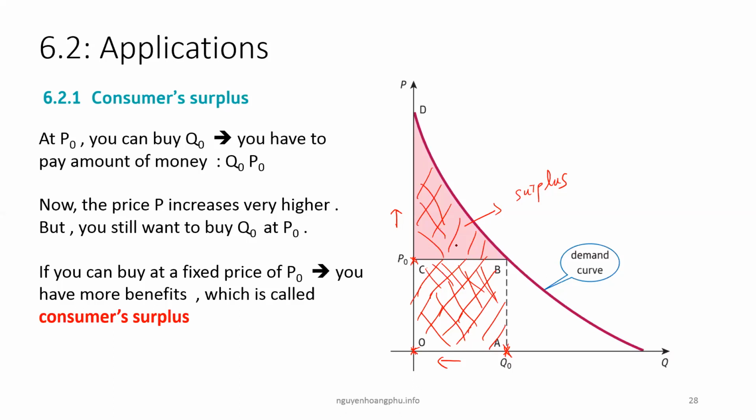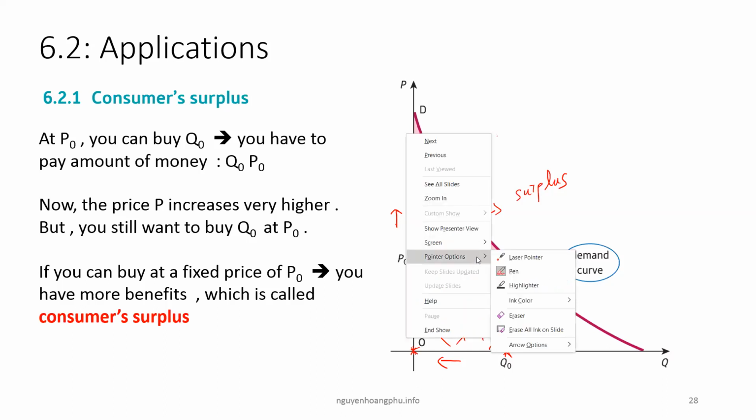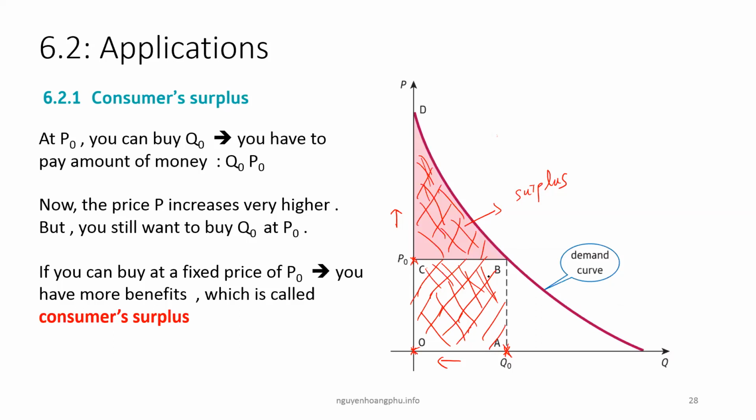So what they want is to find the value of this surplus. If you look here, the whole thing, let's say here is A, here is B, you will have A plus B equal to the integration of this function.